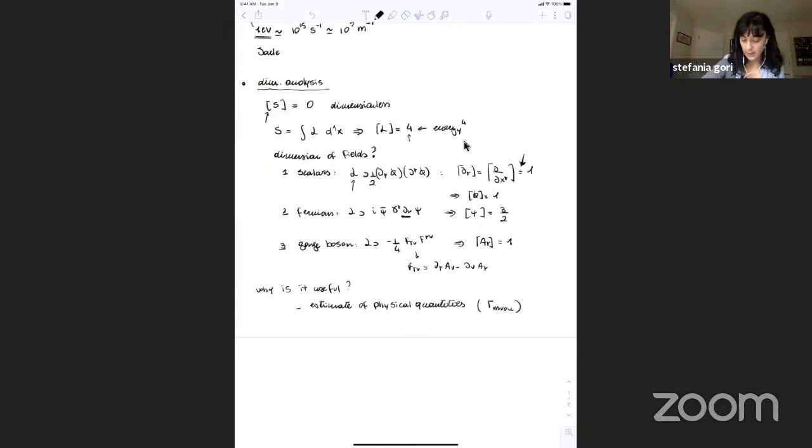And then also it allows you to understand what operators we can put in a Lagrangian.